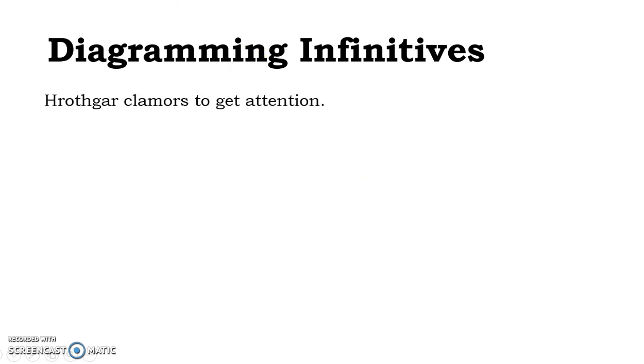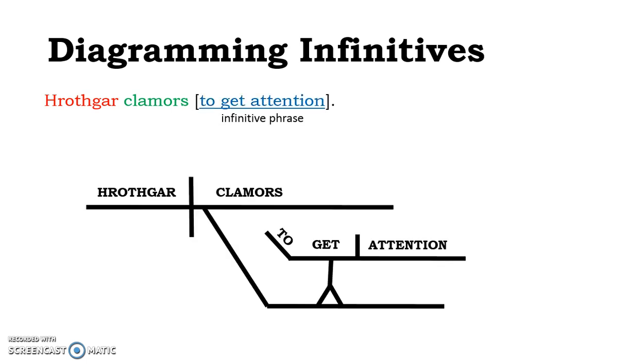Hrothgar clamors to get attention. Hrothgar clamors, subject, verb, to get attention. It's an infinitive phrase. I diagram it like this because my infinitive phrase is adverbial. It's telling me, in fact, why Hrothgar clamored, which is an adverb question.